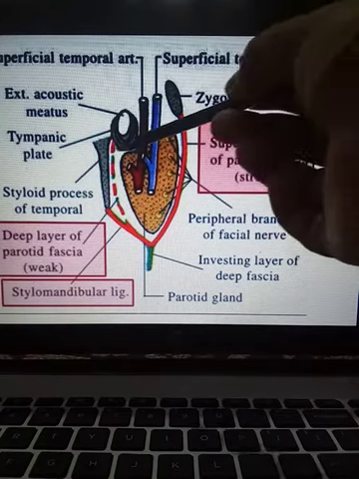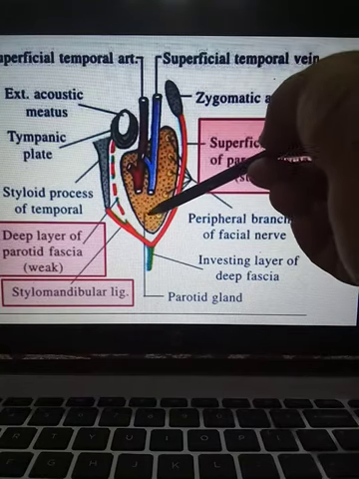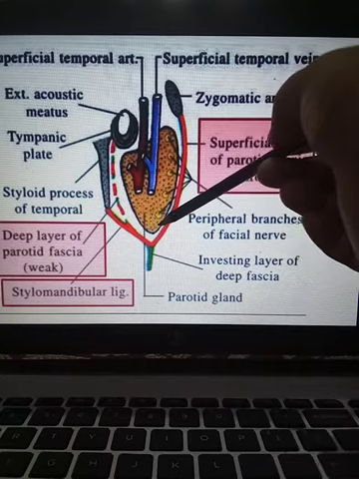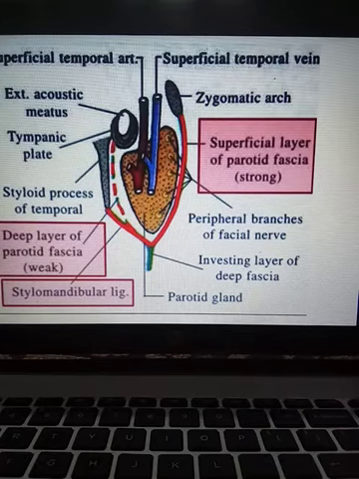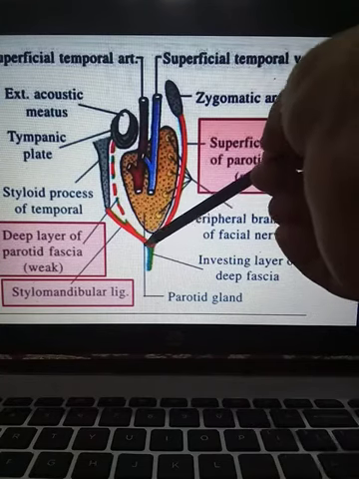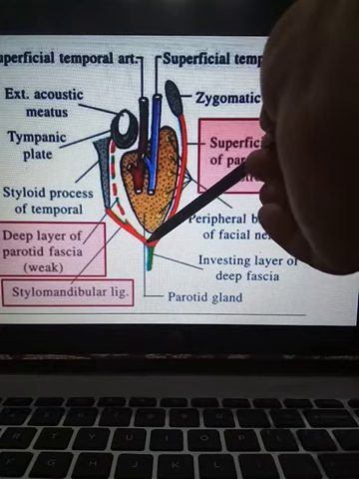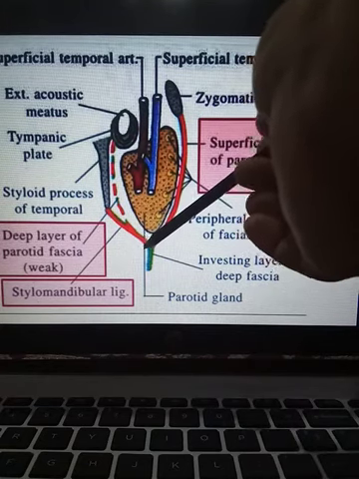This is a section of the mandible. If we look at the capsule of the parotid gland, it splits near the angle of the mandible.